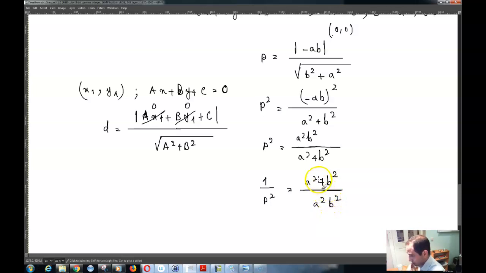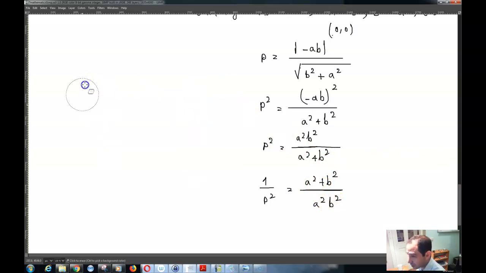Now, if you write 1 over a squared plus 1 over b squared, it's going to be a squared plus b squared over a squared b squared, which is the same thing that I have over here.